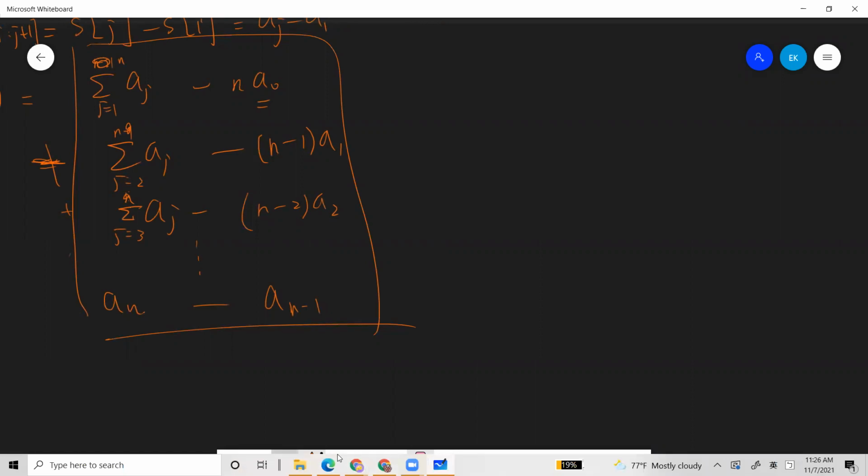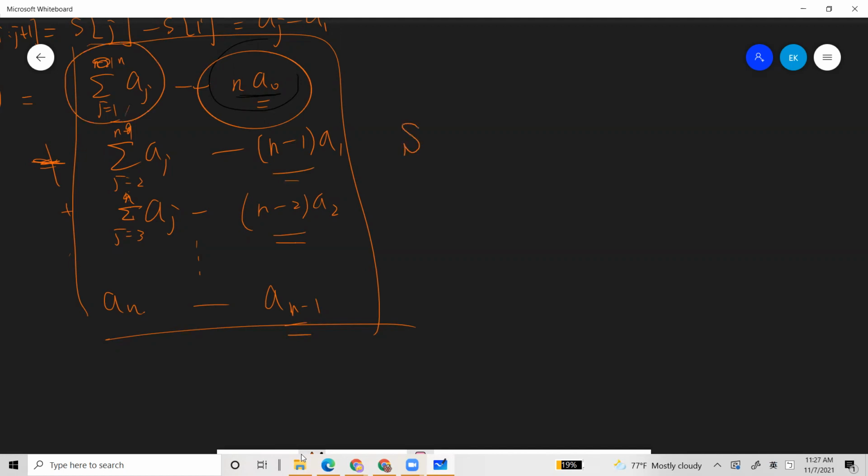Hopefully it's not difficult, because you already computed this array, so you can just count. This term is the same as the previous term, but minus A1.